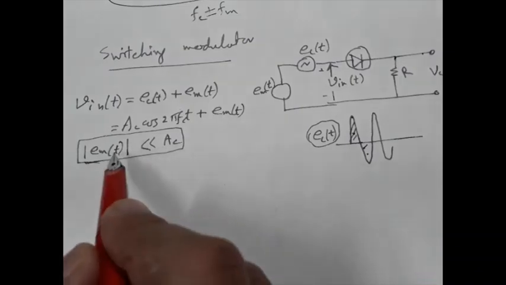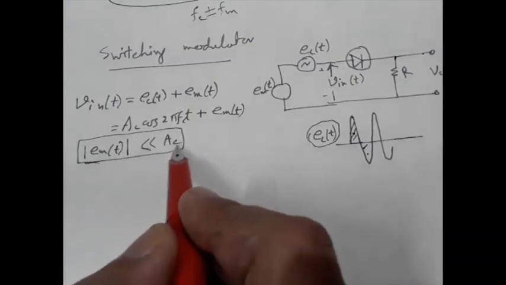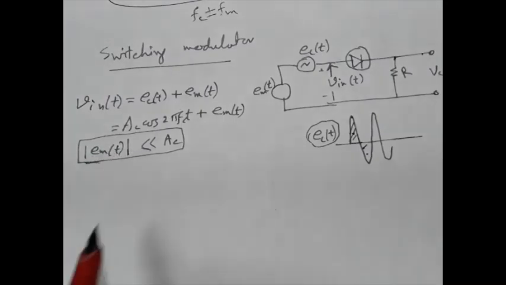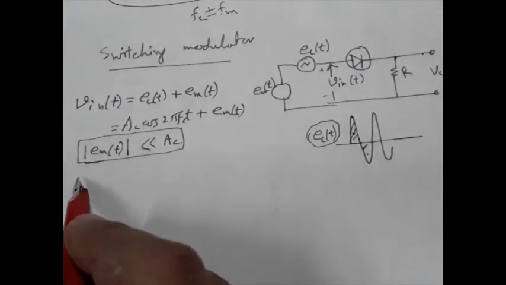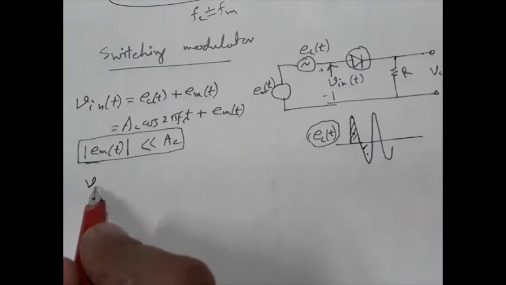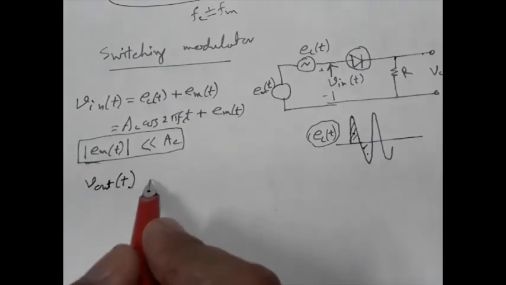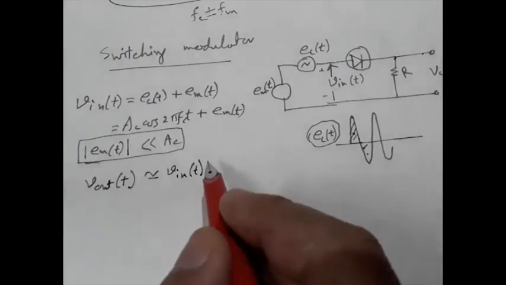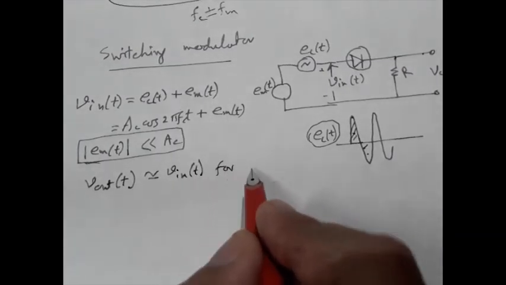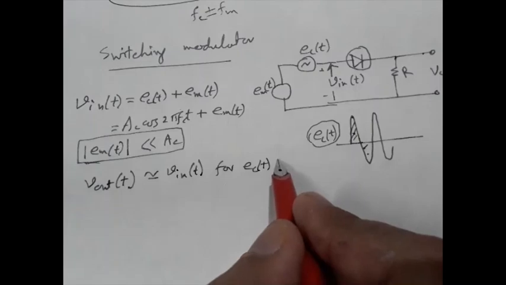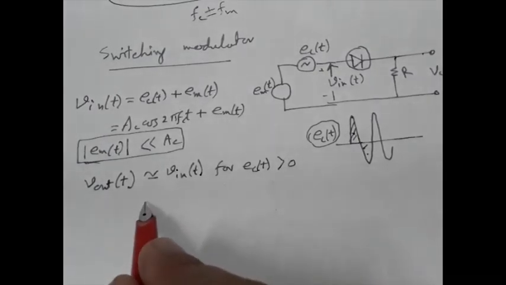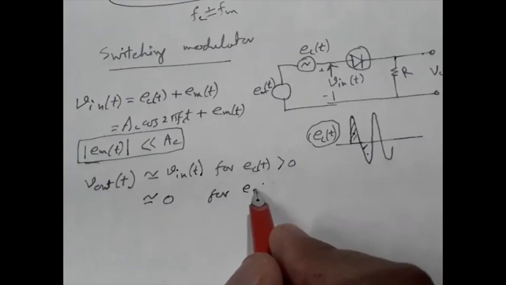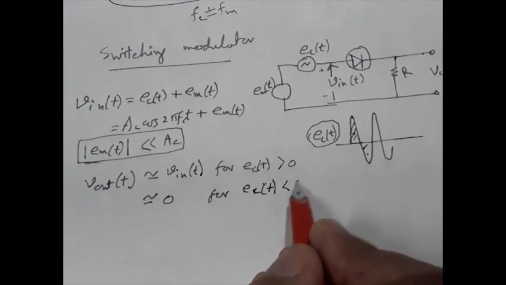Both the magnitudes are high, but Ac is greater compared to the magnitude of the baseband signal. So under this condition, the output voltage can be written as V in for cos 2 pi fct greater than 0 and nearly equal to 0 for cos 2 pi fct less than 0.